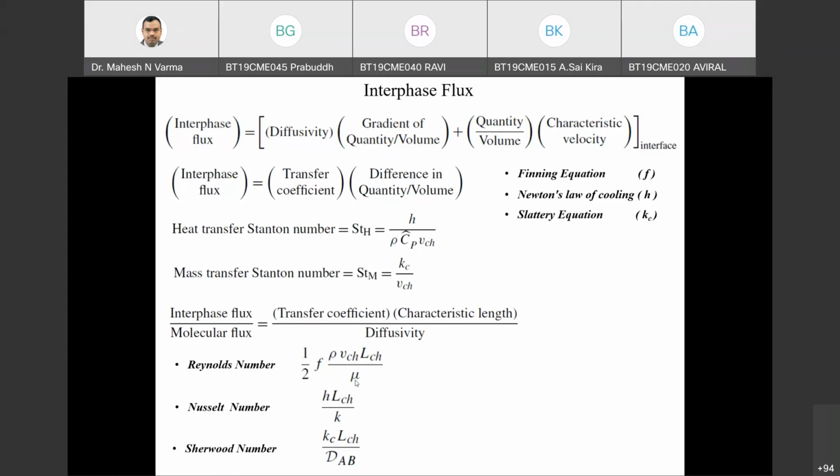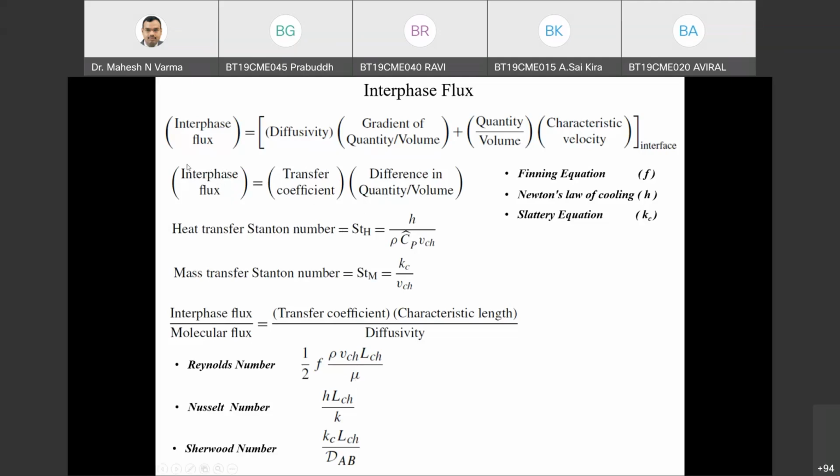So these are the 10 dimensionless numbers which we have discussed. What are the 10 dimensionless numbers? Prandtl number, Schmidt number, Lewis number. Then we have the Peclet number for heat transfer and the Peclet number for mass transfer. Then coming to interface flux, we have the Stanton number for heat transfer and the Stanton number for mass transfer. Then we have the Reynolds number, Nusselt number, and Sherwood number. And overall, we have a generalized definition. The interface flux will be a generalized transfer coefficient multiplied by the difference in quantity per unit volume.